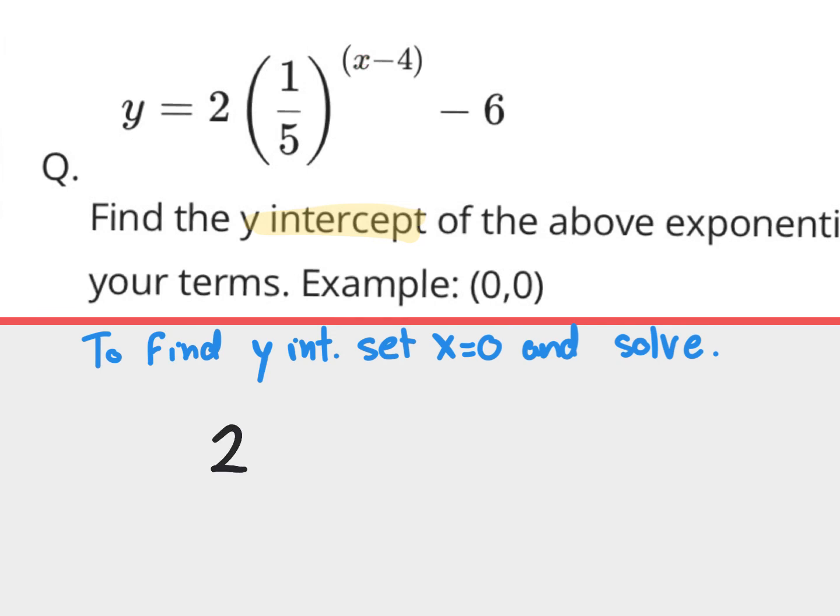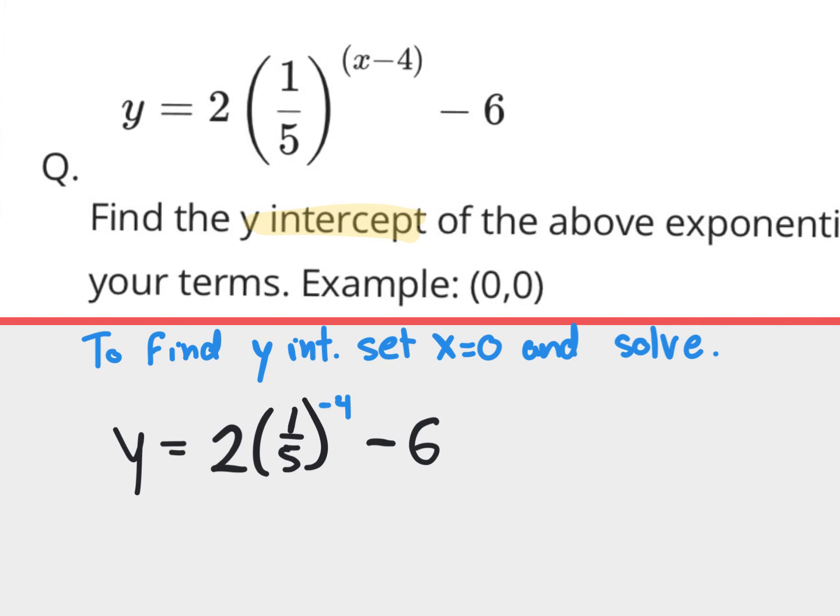So I have a 2 times 1/5 to the power of, when I plug in a 0 right here, 0 minus 4 is negative 4. So I have a power of negative 4 right here, and then I have a minus 6 at the very end. So I need to do this math, and then I'll have my y value, because obviously this says y equals, right? So if I do this math, I'll be able to find out what my y value is.